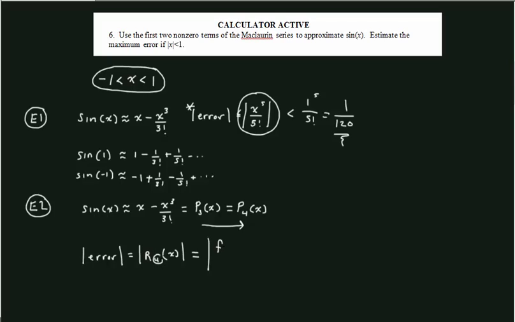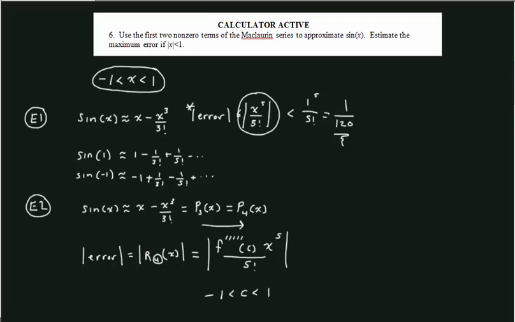We have to take one more than this value here, says the theorem. 1, 2, 3, 4, 5 derivatives at some number c, x centered at 0 to the power of 5 over 5 factorial. We do not know what c is. We do not know what c is at all. But the only thing is that c must be between the center, which is 0, and any value of x, which is between -1 and 1. So this leads us to c being between -1 and 1.